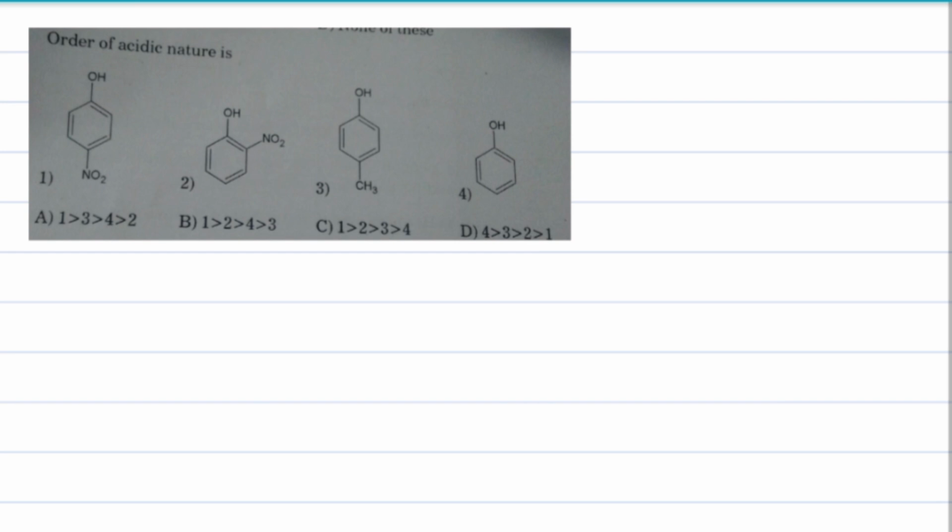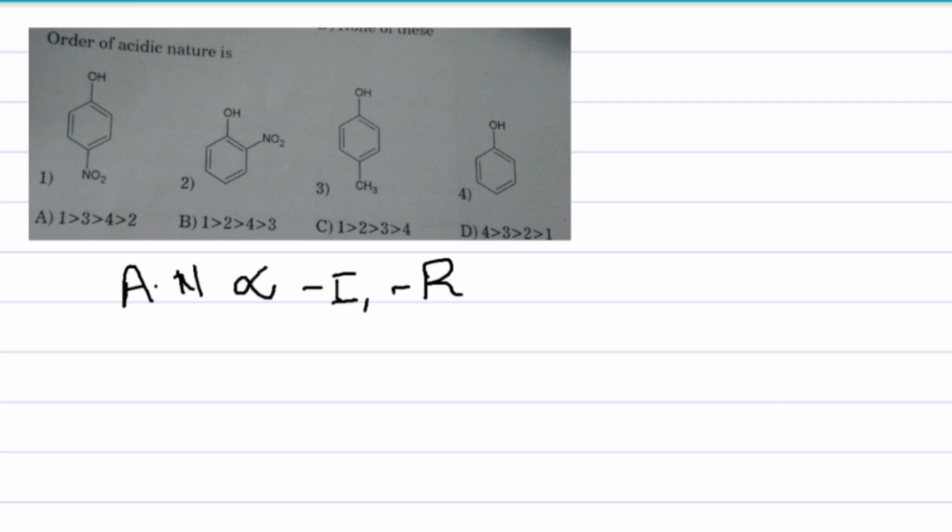Next, coming to the next question, they are asking the order of acidic nature. Here they have given phenol. Phenol's acidic nature is directly proportional to -I and -R groups, and inversely proportional to +I and +R groups. Now in all 4 options, phenol is common.